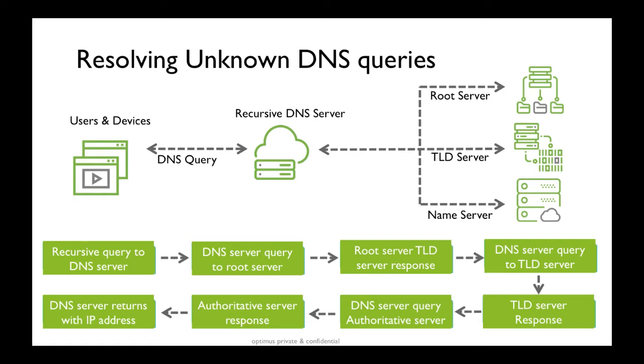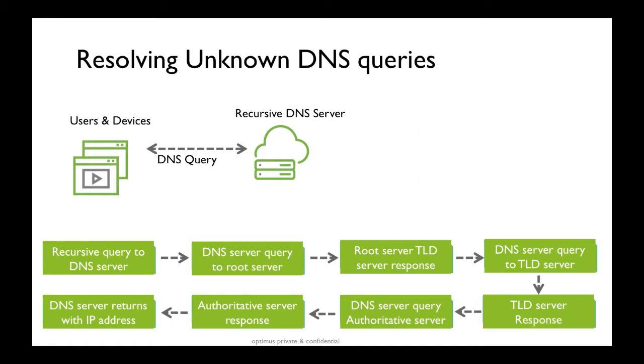Let's walk through how an unknown DNS query is resolved. To start, a user or device wants to access a specific domain and sends the request to a DNS resolver, which we call the DNS server or recursive DNS server. DNS queries used for IP lookups are called recursive queries, which means the response can either be the IP address or an error.